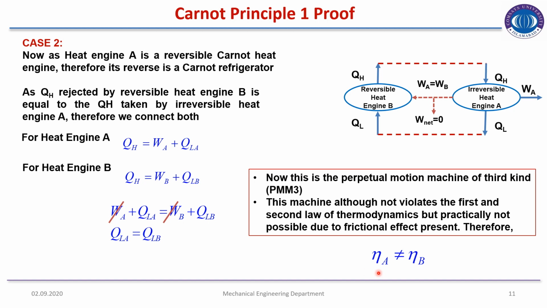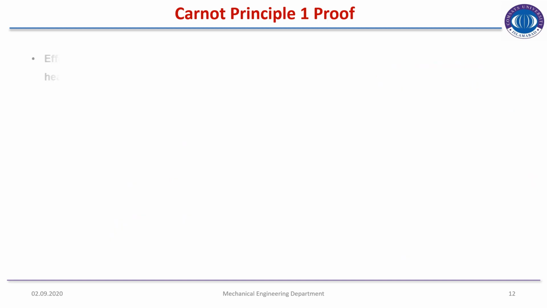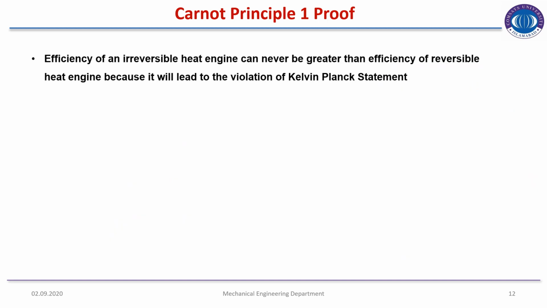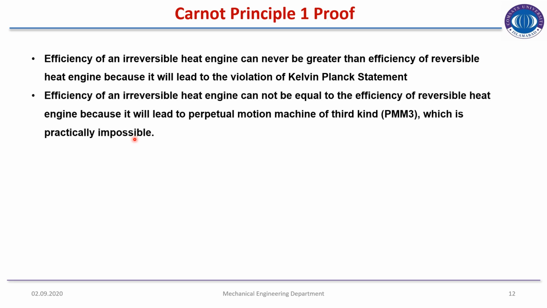Therefore, efficiency of A is not equal to efficiency of B. Efficiency of an irreversible heat engine can never be greater than efficiency of a reversible heat engine, because it will lead to the violation of the Kelvin-Planck statement. Efficiency of an irreversible heat engine cannot be equal to the efficiency of a reversible heat engine, because it will lead to a perpetual motion machine of third kind, which is practically impossible.